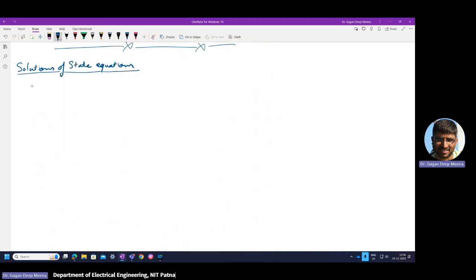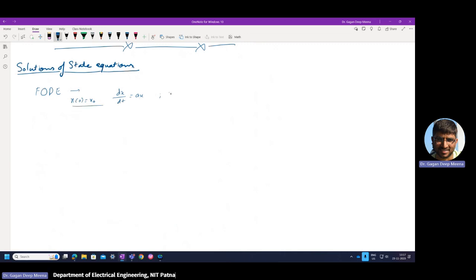So let's consider a first order differential equation with the initial condition x of 0 equals x0, and the differential equation is dx by dt equals a x, with this initial condition.